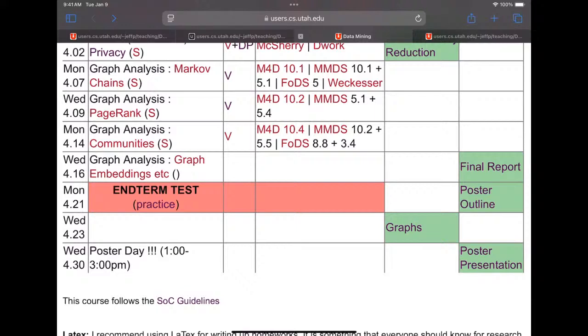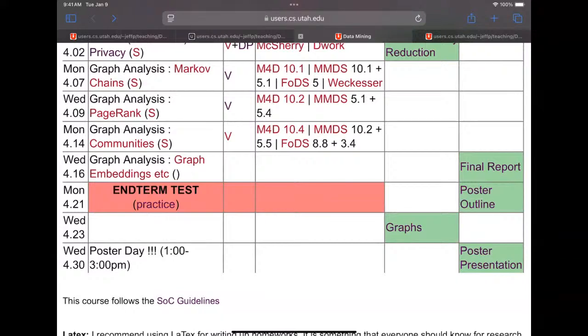Once you're finished with the reports, you can make sure you focus on the posters. Again, there will be extra credit for the groups with the most interesting poster as voted on by all of you at the poster session.